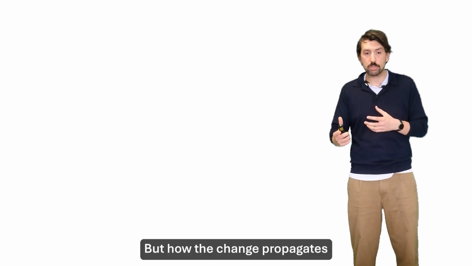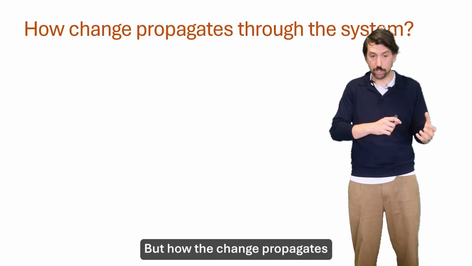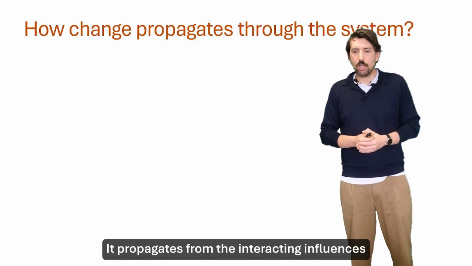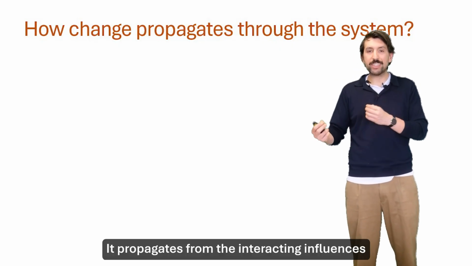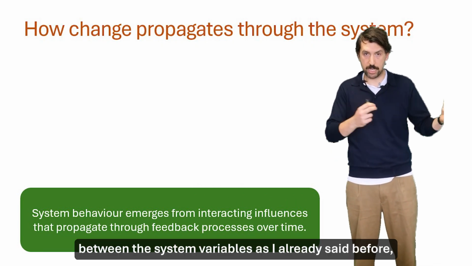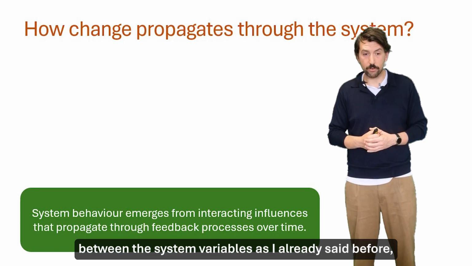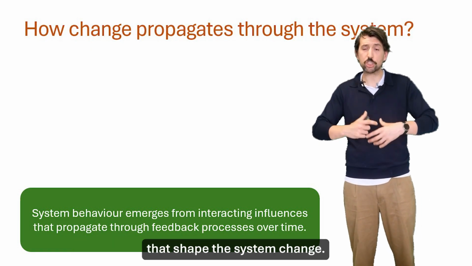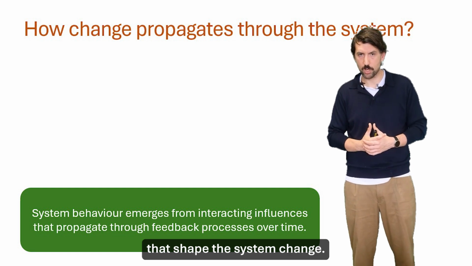But how does the change propagate through the system? It propagates from the interacting influences between the system variables, as I already said before, and from the feedback processes that shape the system change. What does it mean?